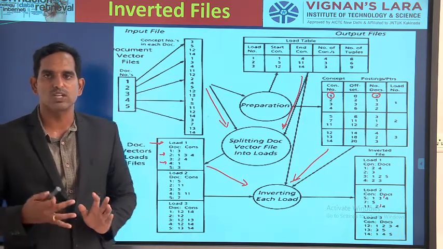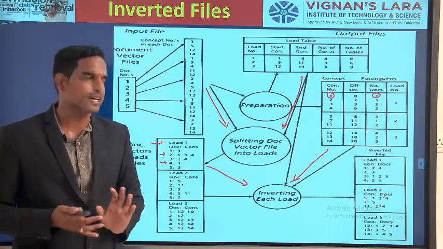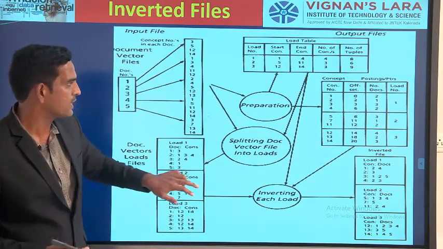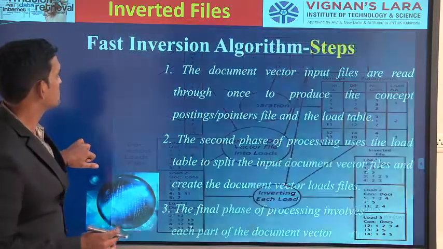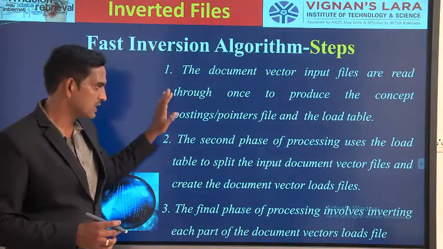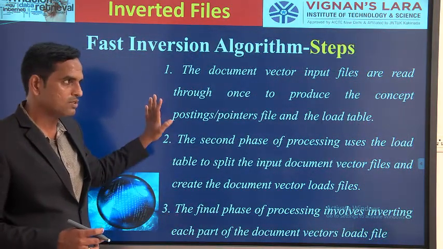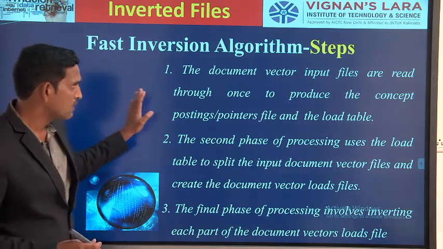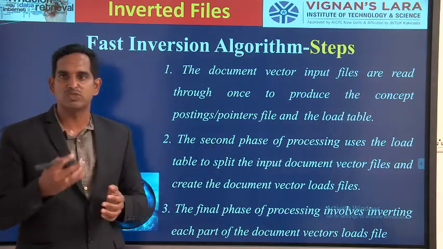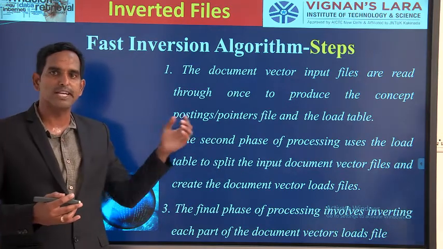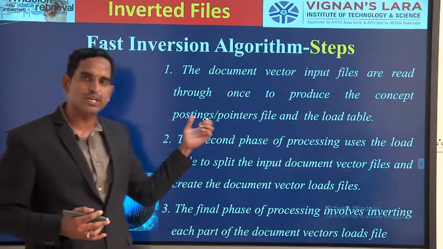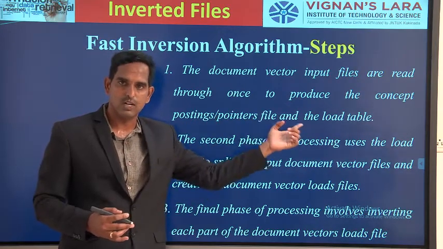This is about the complete fast inversion algorithm. With a proper example, I think you can comprehend this. The fast inversion algorithm has three basic steps. To summarize, the first step takes the document vector file as input and creates the postings file and one load file.